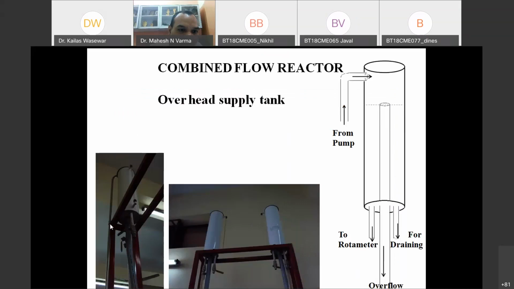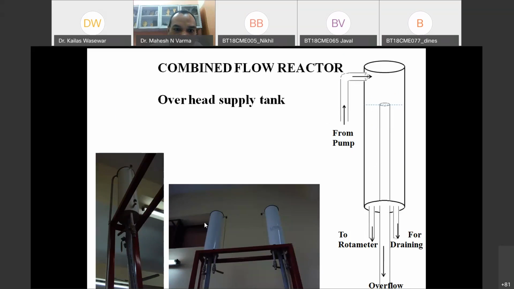This is the input coming from the pump and going into this overhead tank, and there are three outputs from this overhead tank. This is the schematic given for this. Input is coming into the overhead tank, and this is the overflow returning to the same tank.